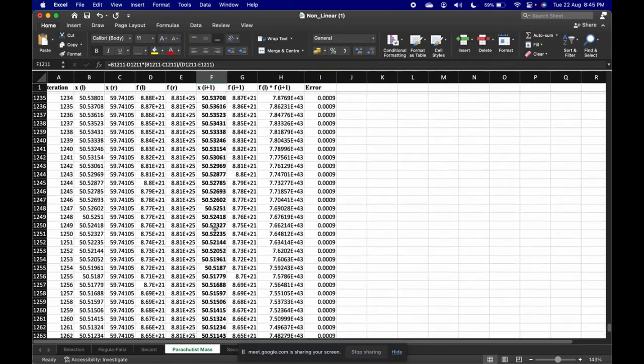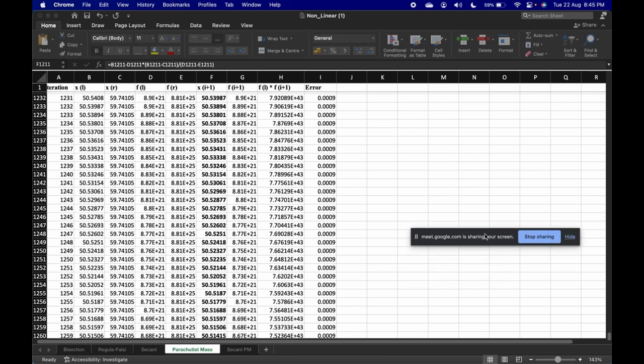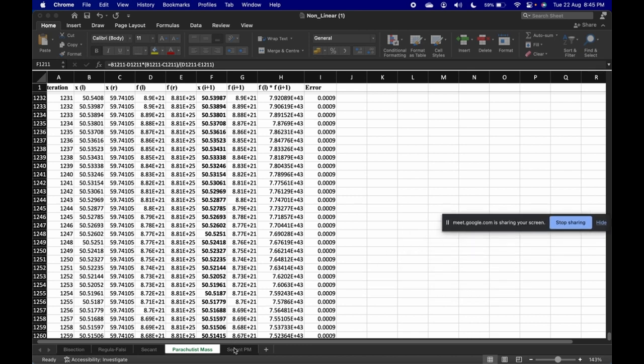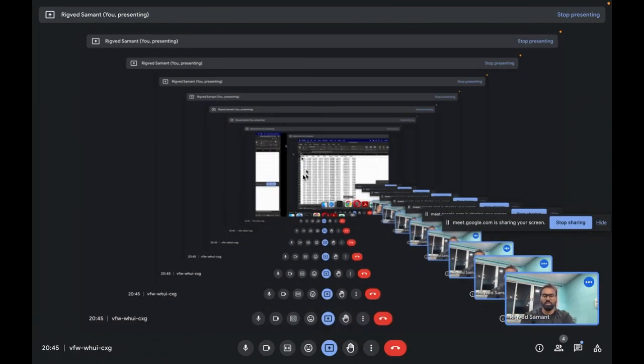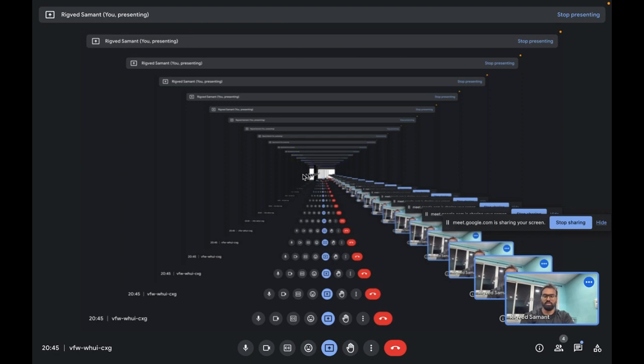So now what will happen? We solved this using the Regula-Falsi method. I would give you the task: try to solve it using the secant method, okay? And what will happen, can you tell me? I'll just show you something.